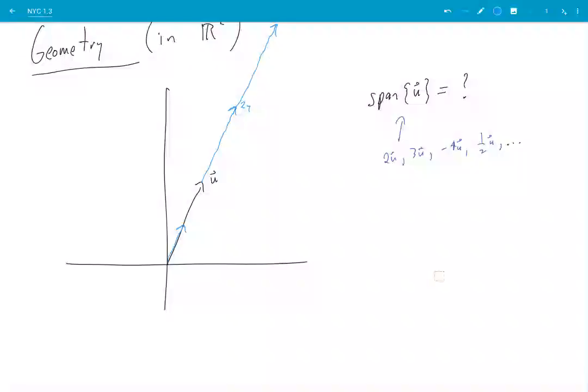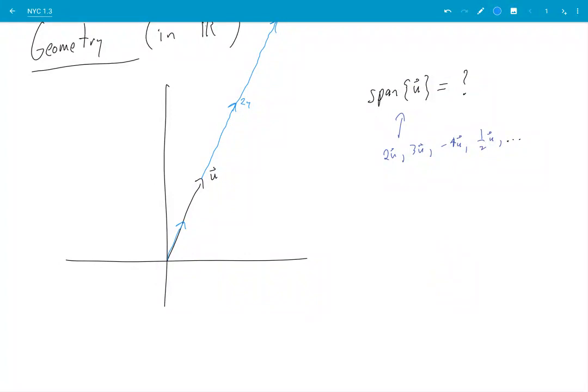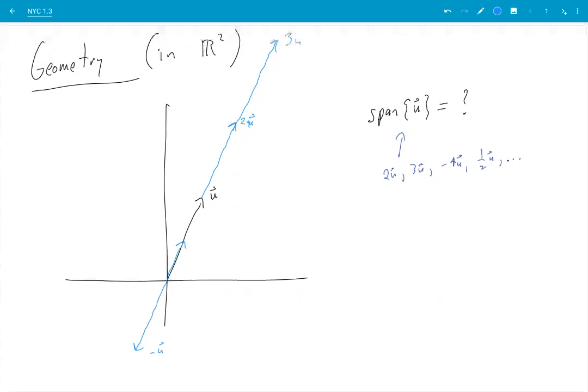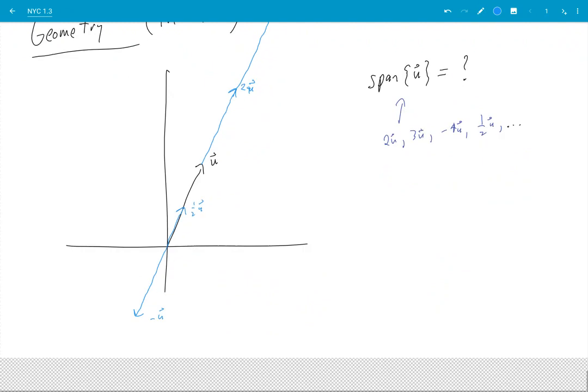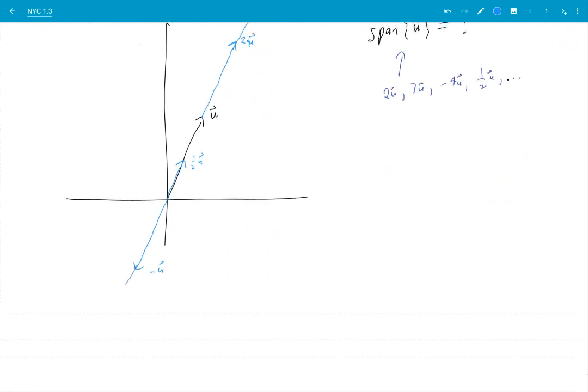If you start getting negative, you get negative u. This is a u. 3u, half u, negative u, negative 2u.